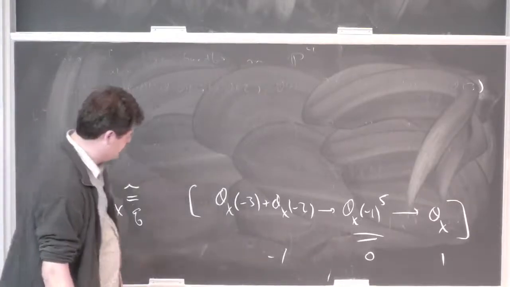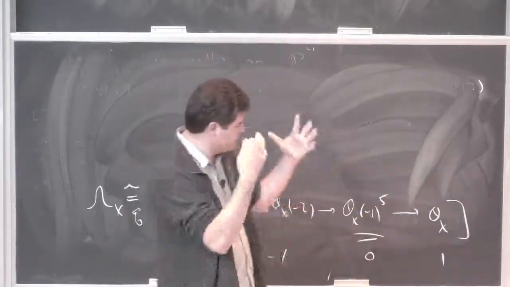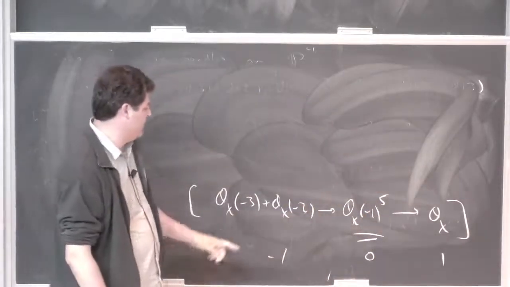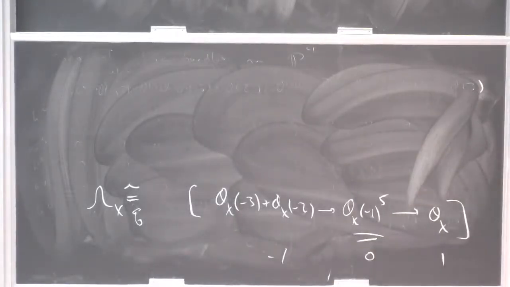So if you like, the kernel of this map is Omega 1 of P4 restricted to X. And then the kernel of this mod the image of this is Omega_X.